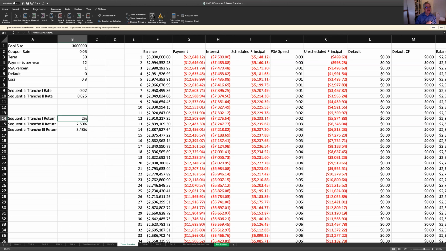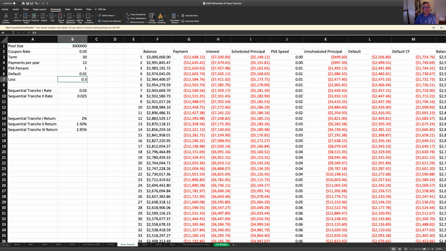So I'm going to just assume a 1% default rate. And when we do that, let's see what happens to the yield. Now the third guy takes all the losses. And that's what you would expect, right?